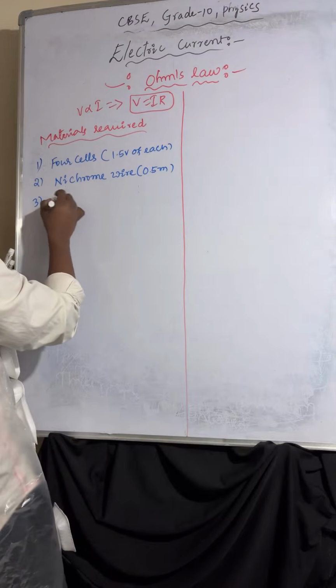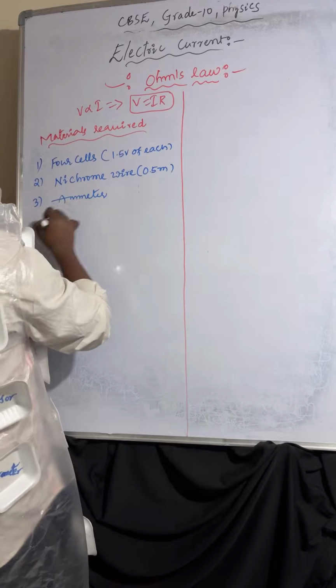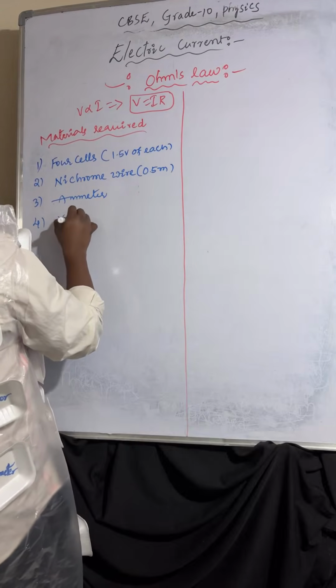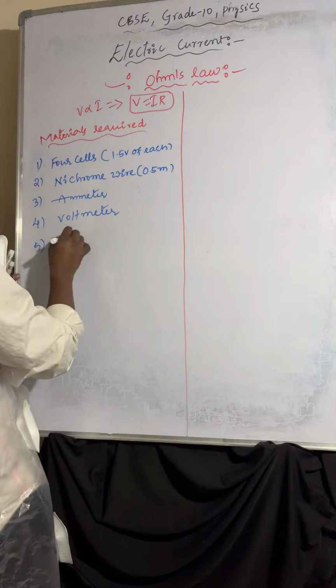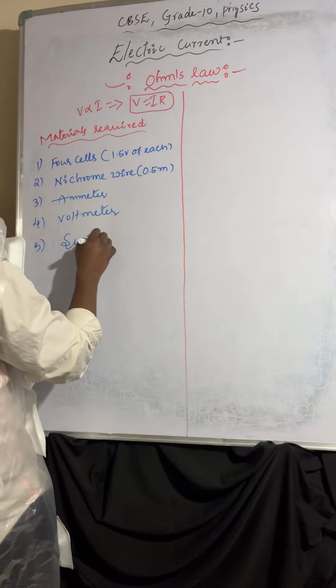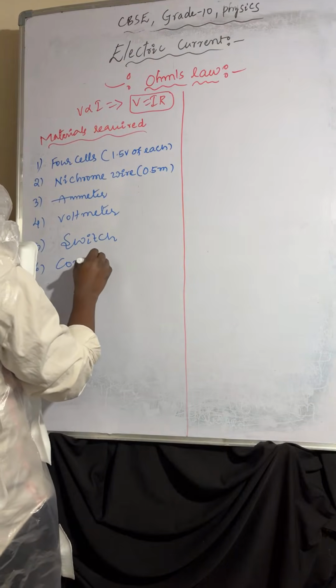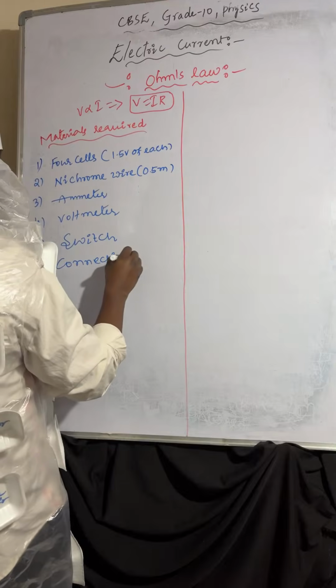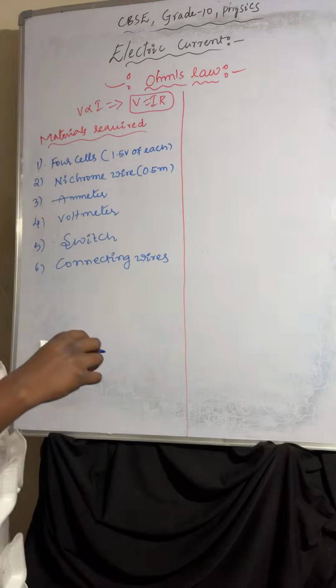Third, an ammeter. Fourth, a voltmeter. Fifth, a switch. And sixth, connecting wires. So these are the materials required.